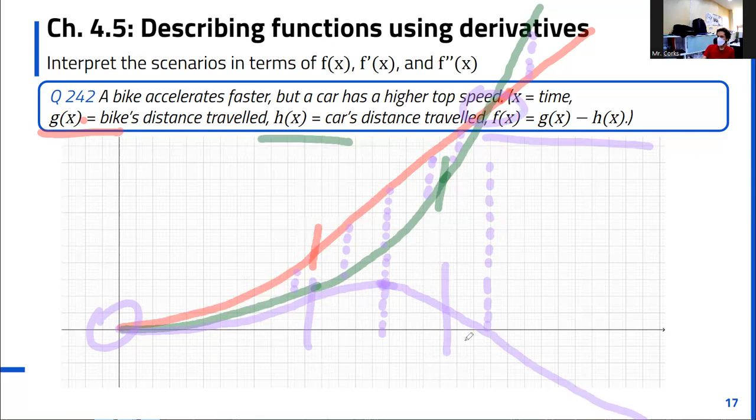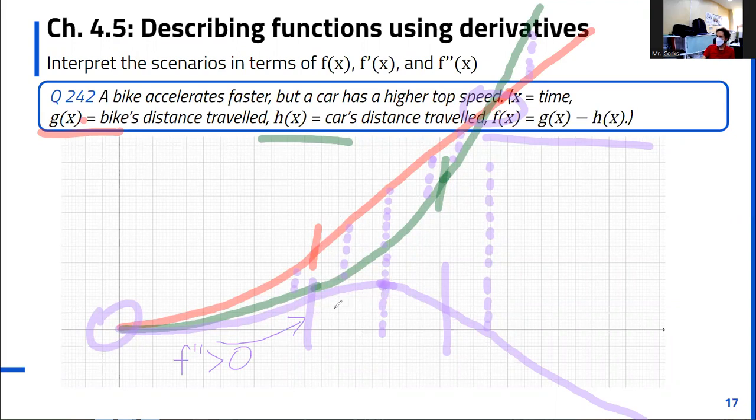All right, it's a little messy, but the increase and decrease I think is not super hard to see. We're increasing until this maximum point and then we're decreasing afterward. The second derivative is the more interesting part. Our second derivative is positive, we are curving up until the bike hits its top speed, and then we are curving down.